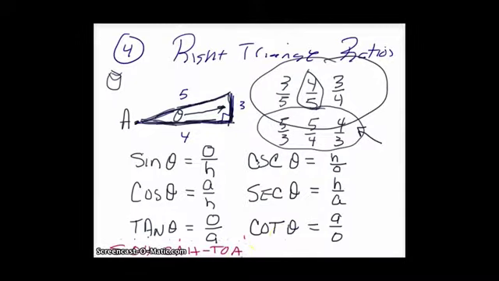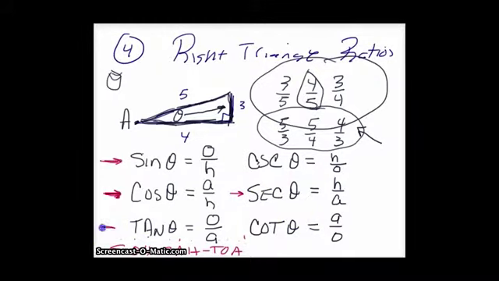So those are the names of the ratios. Sine. Cosine, like co-signing a loan or co-signing onto a football scholarship. Secant, like SEC football, goes with cosine.